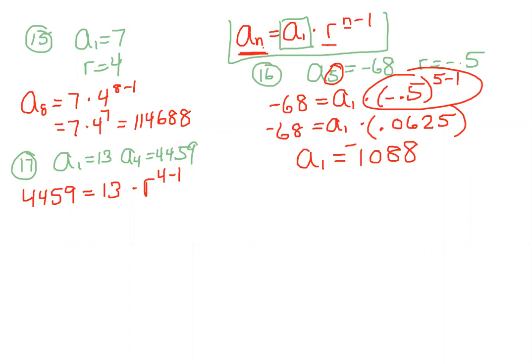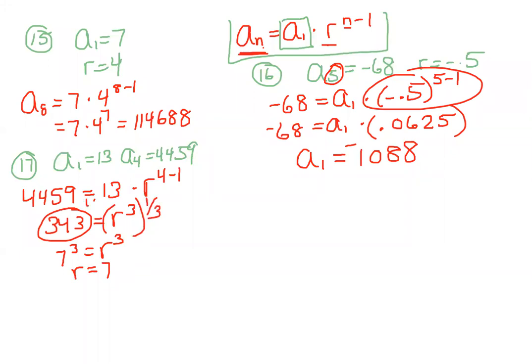So we get 343 equals R to the 3rd. Okay, there's a couple things you can do. If you know that this is 7 to the 3rd, you can say R equals 7. Or if you don't know that, you can take each side to the 1/3 power on your calculator.